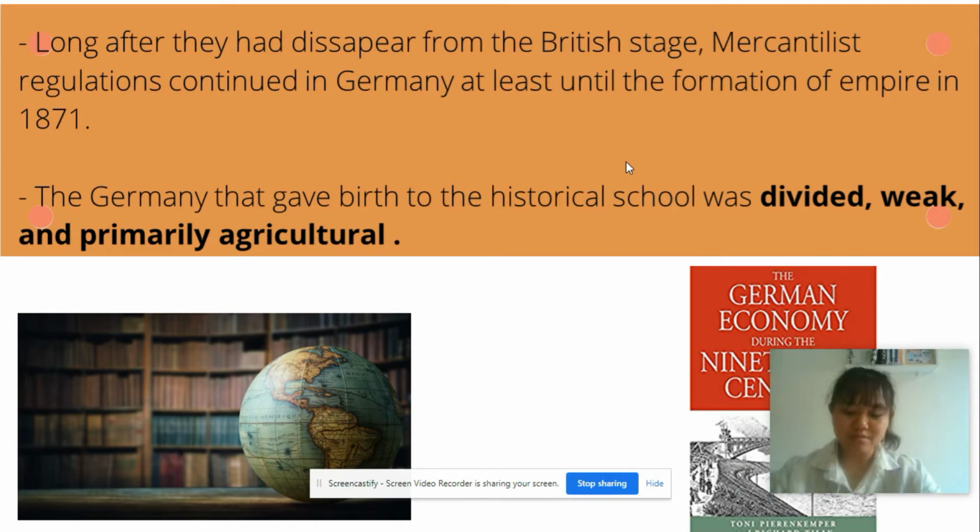For example, Friedrich List suggested a high tariff against imports of manufactured goods to protect newly emerging domestic industry, which is also known as infant industry.